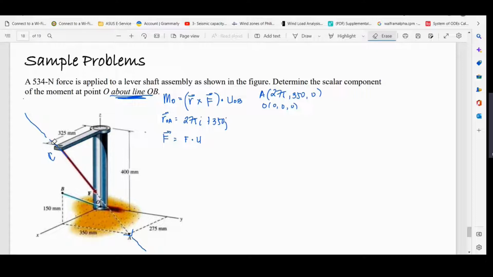So, yung ating force F is lying at point C papuntang point A. Therefore, kailangan din natin i-determine yung coordinates at point C. So, at point C, we have here 325, Y is 0, Z is 400. The head will now be A. So, we have A minus C. So this is the position vector AC.